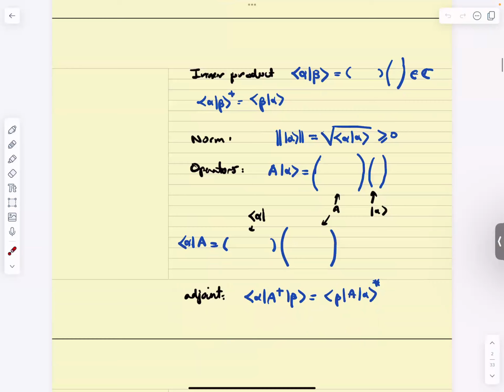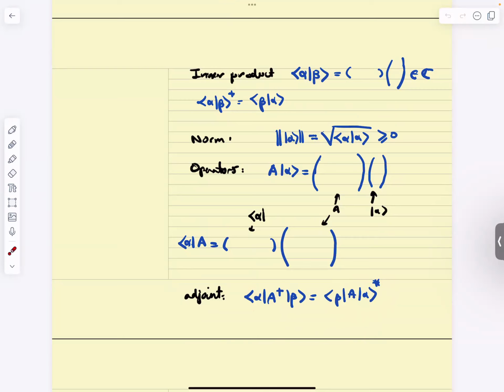Now, if you do both, if you multiply by a bra on the left and a ket on the right, this is simply a matrix element. It's a complex number, right? And as we said before, if you take the complex conjugate of it, element by element, you reverse them.